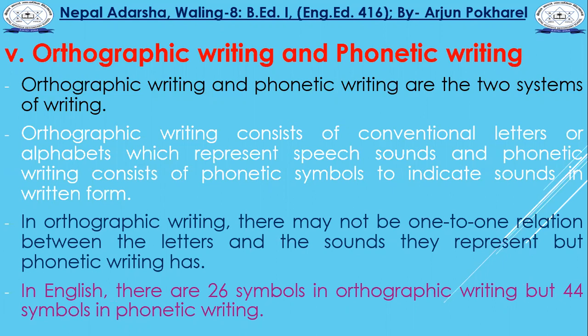The concept is more or less the same here: orthographic writing and phonetic writing. According to the orthographic system, there are 26 symbols in English, and according to the phonetic system, there are 44 symbols in English. In other languages of the world, there might be more or less.